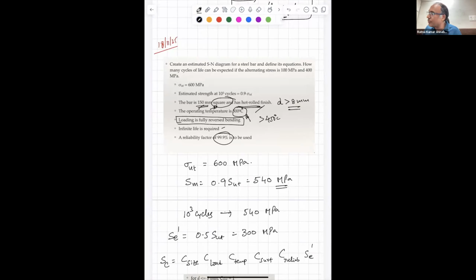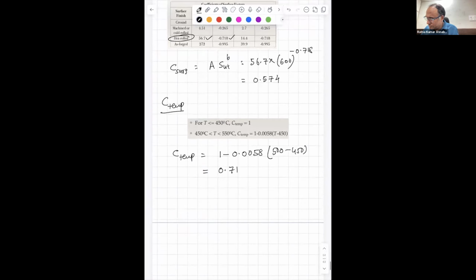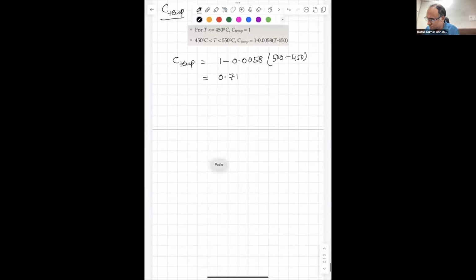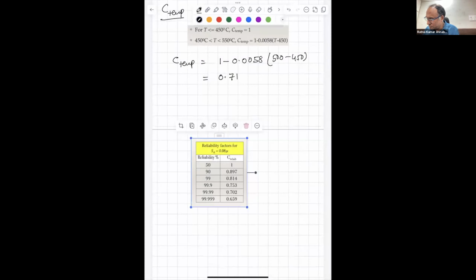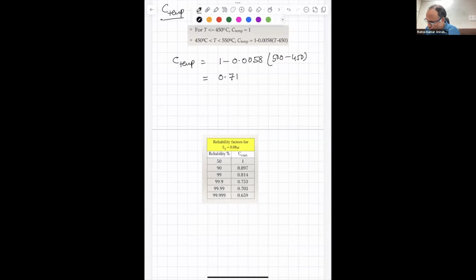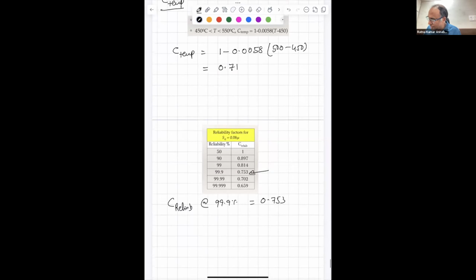Reliability factor, 99.9. Right. So I need to get that reliability table. So C reliability at 99.9%, therefore, is equal to 0.753, right?